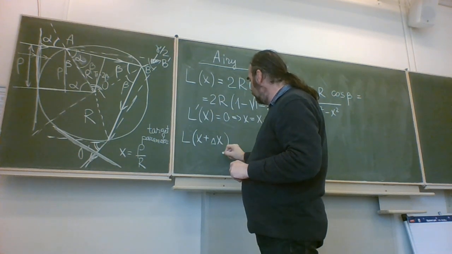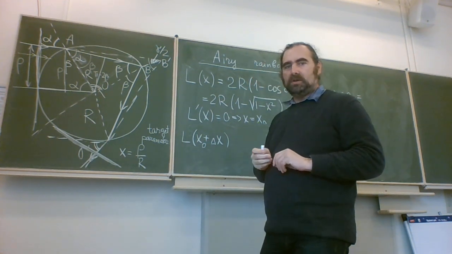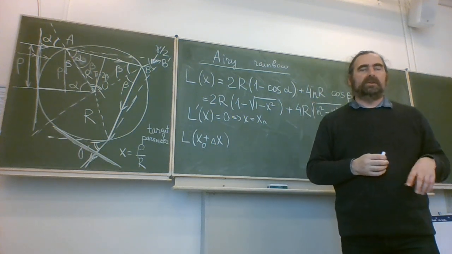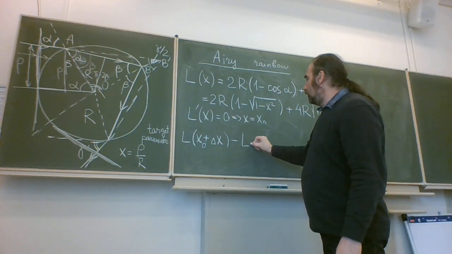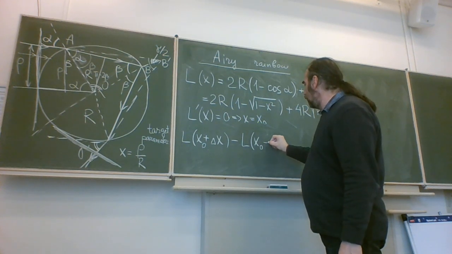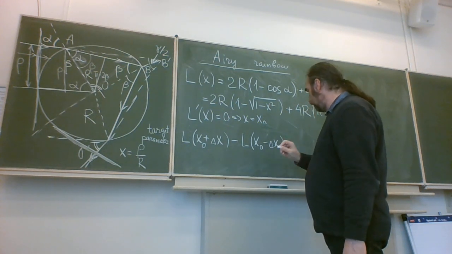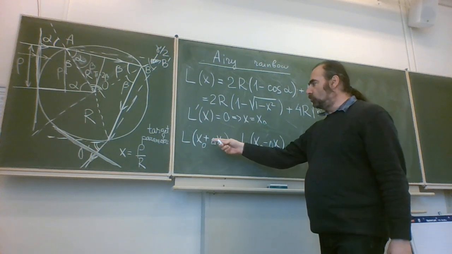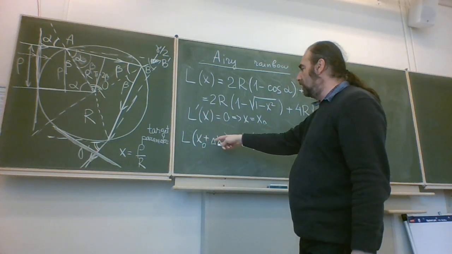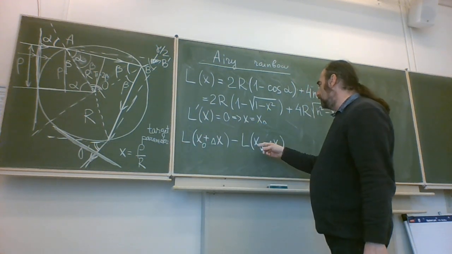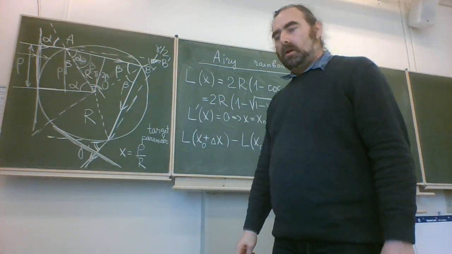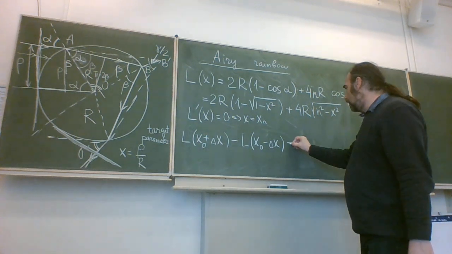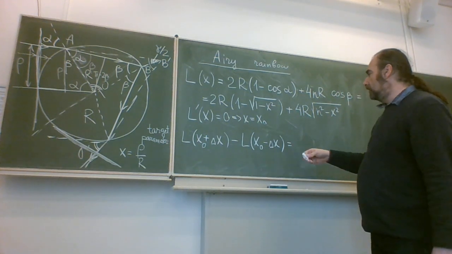I want to be close to this minimum, because I'm interested in being close to this critical angle. I want to take two rays, one with x naught plus some delta x and another with x naught minus delta x, and I can calculate what it is.